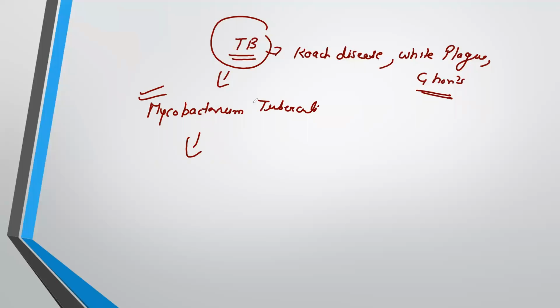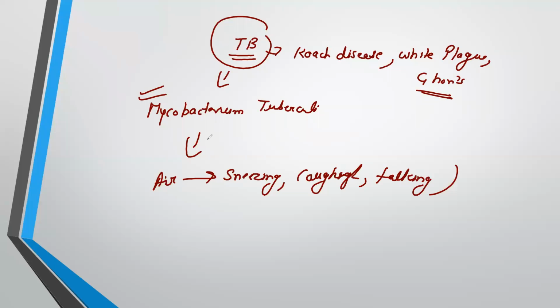And the main route of spreading of tuberculosis is the air, so sneezing, coughing, talking. But an important thing: tuberculosis is not spread by some major routes.